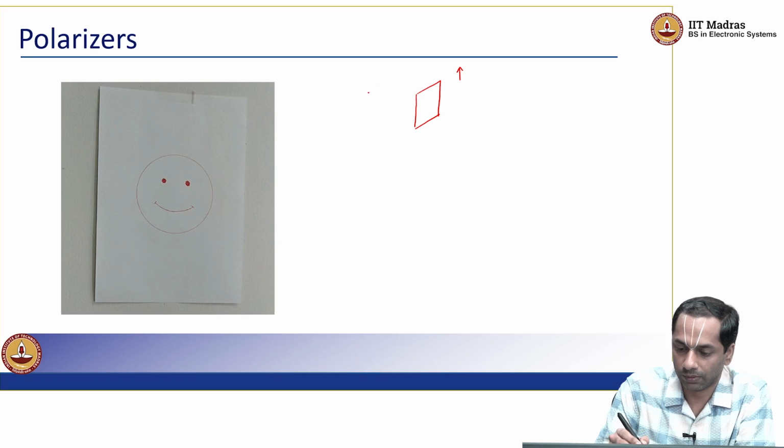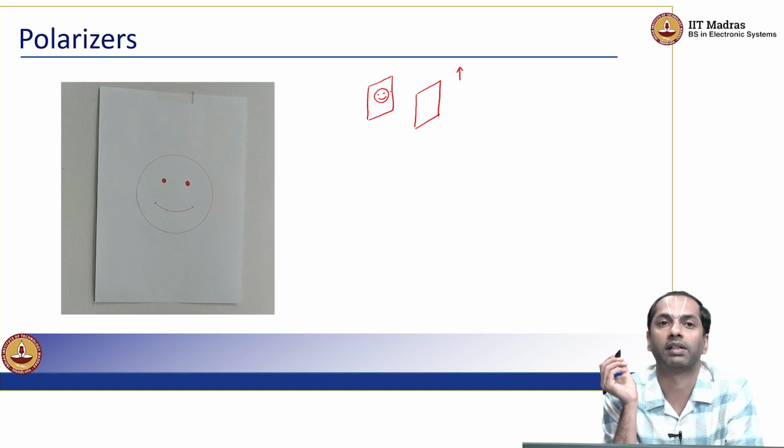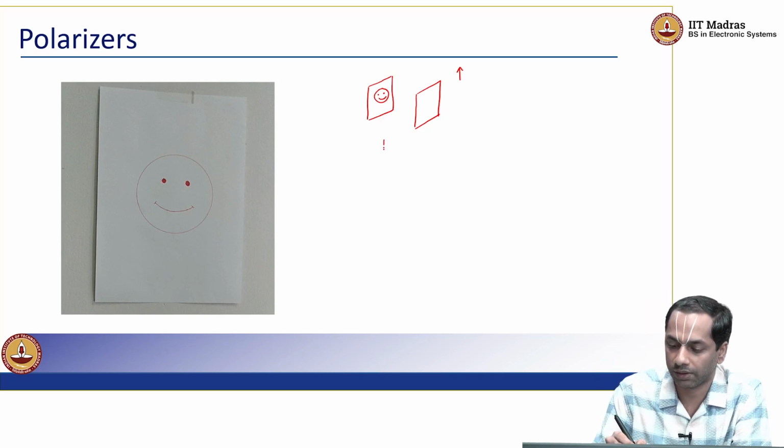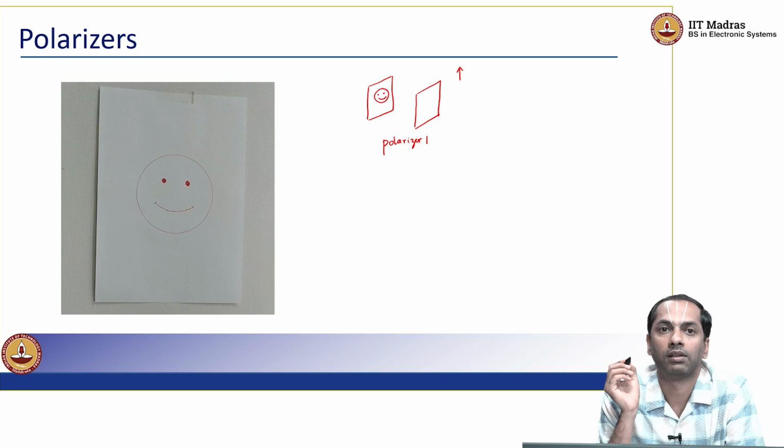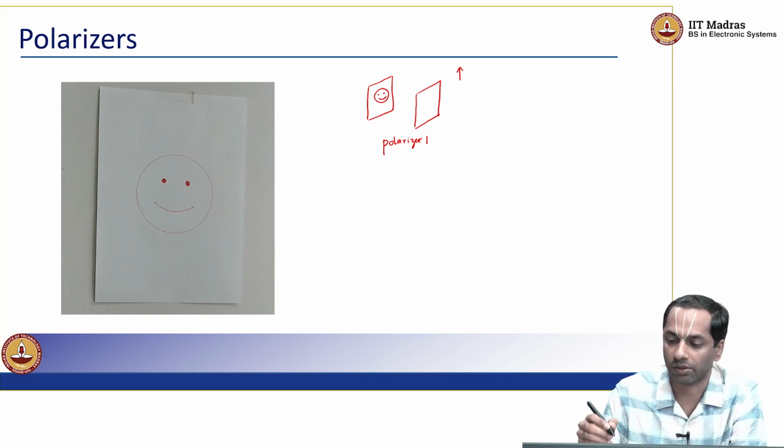So, let me try to draw the setup. There is the image on the wall. I have my first polarizer, whose axis is, say, lined upwards, as shown by this arrow.